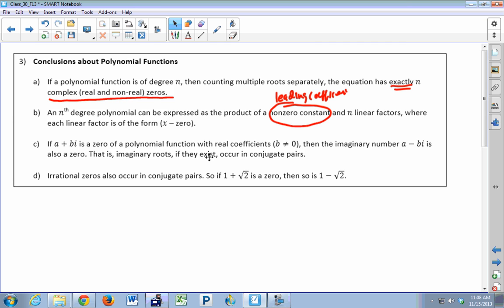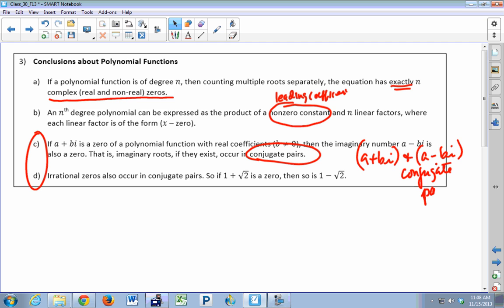And here's the last two things that you need to know, which I've already stated, but here it is in words. If I tell you a plus bi is a zero of a polynomial function, then its conjugate, a minus bi, is also a zero. Okay? These are conjugate pairs. That's what we call it.